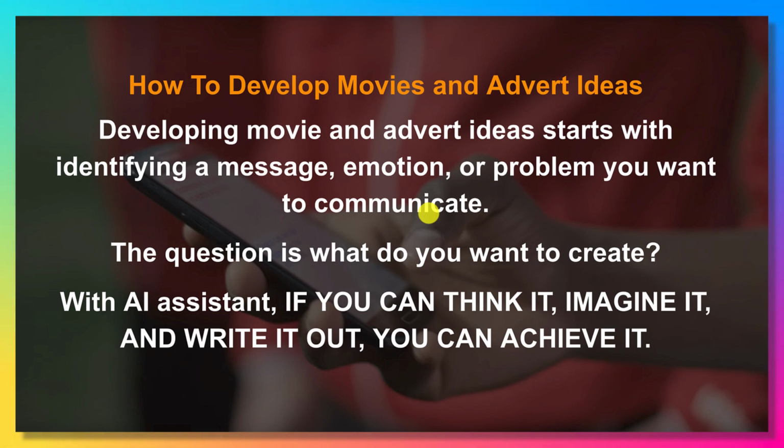When he wrote that script, it was years later that they produced the movie because the gadgets needed were not created. So he had an imagination in his head, but to produce it became a problem. For me, I have some scripts that I've written that I couldn't produce, but now with AI, I can do it. Just imagine it. As far as you can imagine it, think it, and write it out, you can achieve it.